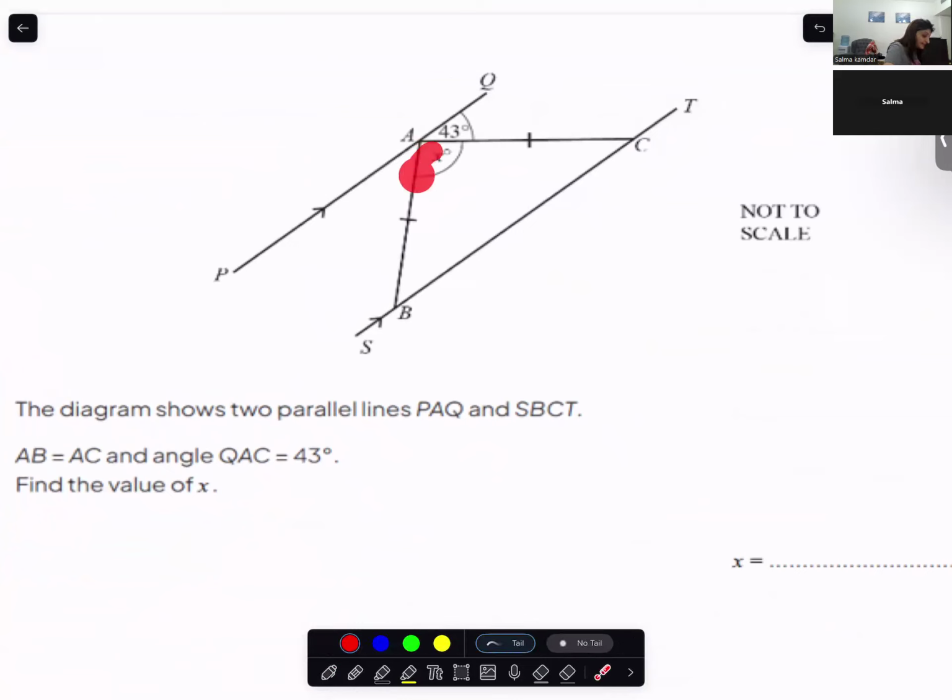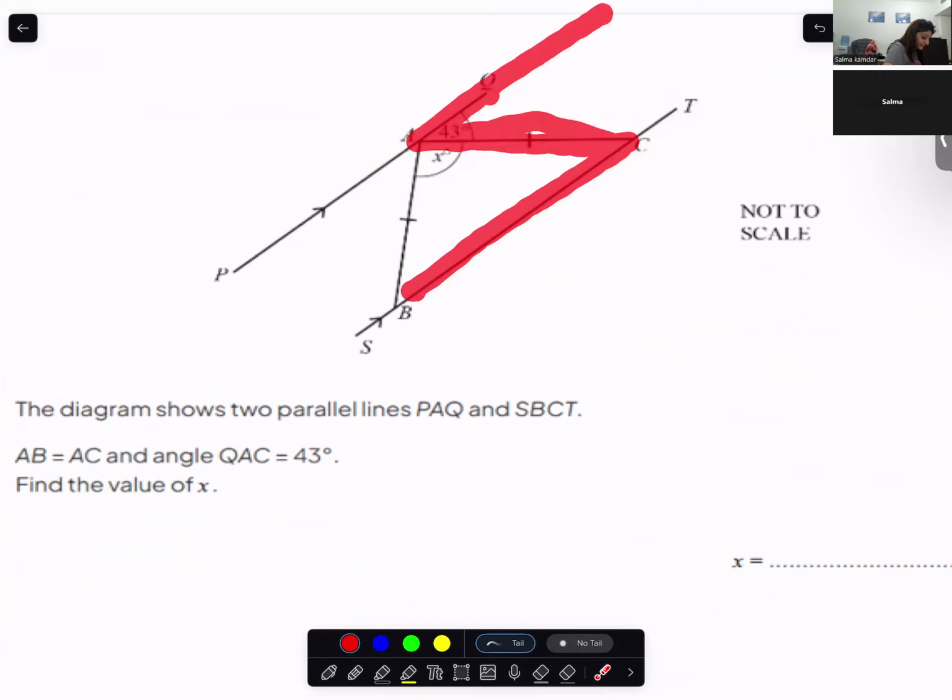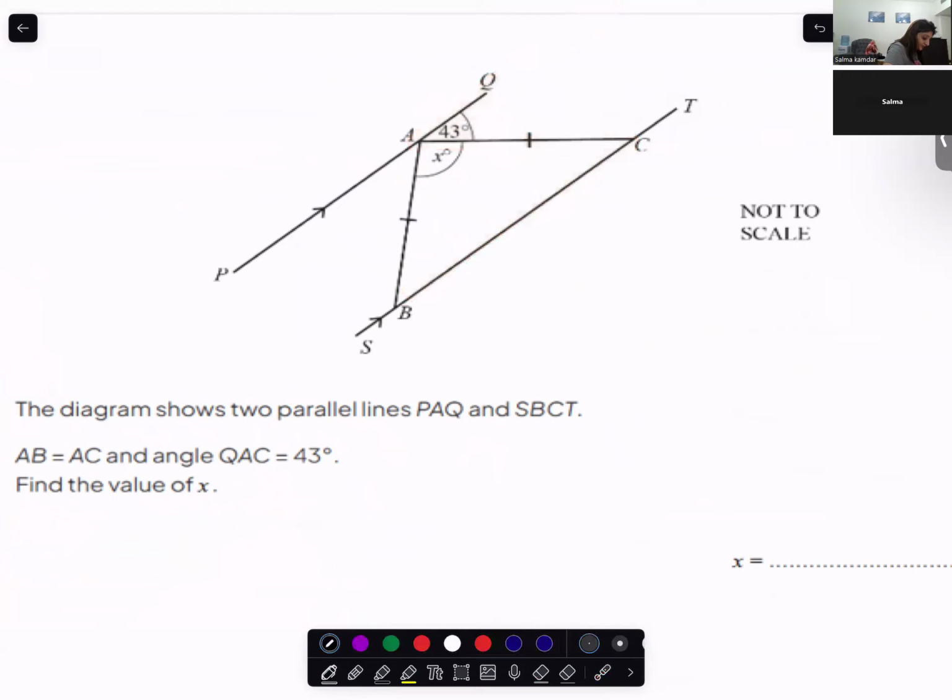Understand, if I want to find this, I will first try to look at things which are nearby this. Okay. So if I want something which is nearby this, since now this is a parallel line, I can spot a Z. So this would become 43 degree, alternate angles.